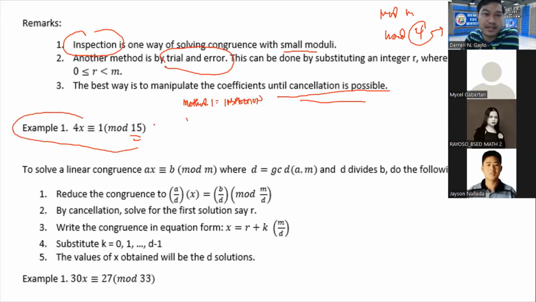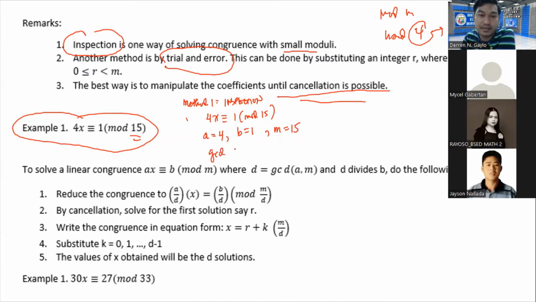Okay, let's solve this. Take note, our A here is 4, our B is 1, our M is 15. For the greatest common divisor, the GCD of A and M, 4 and 15, is 1, correct?